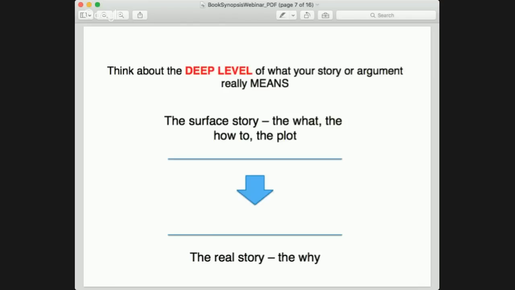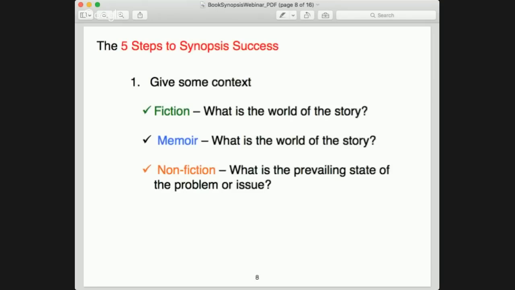So now I am going to take you through the steps to write your own. So step 1, the first thing you want to do is give some context. For fiction, that's going to be, what is the world of the story? Also for memoir, what is the world of the story? Where do we find ourselves?